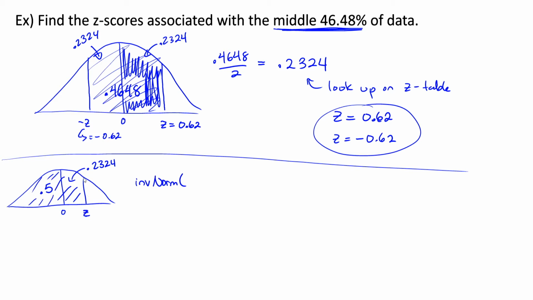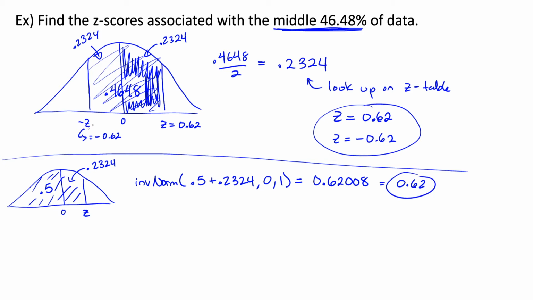The area to the left of the positive z-score is going to be 0.5 plus 0.2324. Mean is 0, standard deviation is still 1. We put this into the calculator, we end up getting 0.62008, which again just rounds to 0.62, which is the same as what we got before.